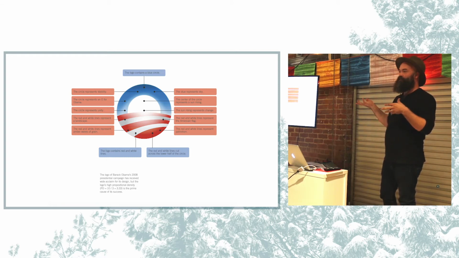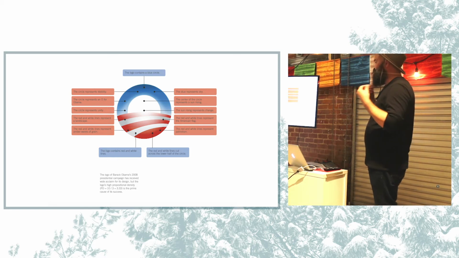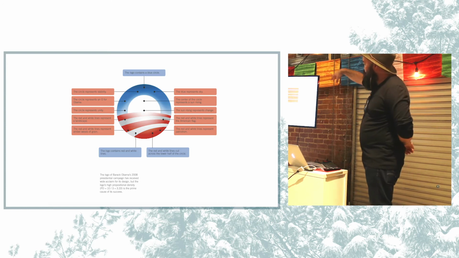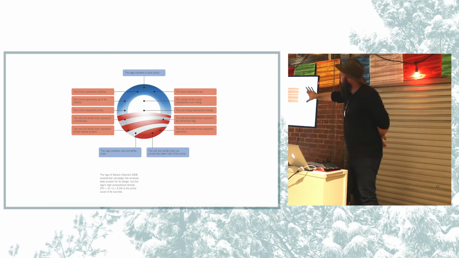So this is the most common illustration of this concept that really drives home the value of propositional density as a methodology. So they broke down Barack Obama's 2008 presidential campaign logo, and these are all the propositions that are embedded in here in orange, and then the surface elements are in blue.